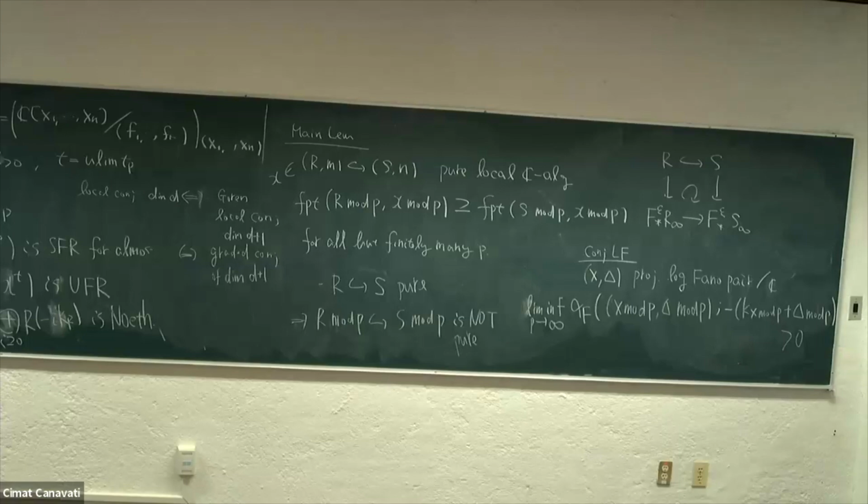So I'm asking if you can do it for infinitely many p's, or some technique. I don't know. KLT type gives you almost all p, but LC should be for infinitely many p's. I don't know much about the behavior of F-signature. F-signature is really hard to compute.